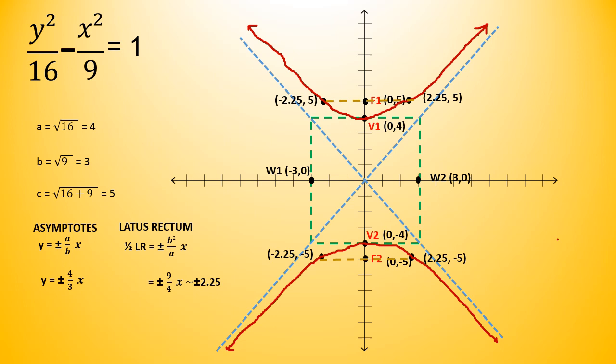So after getting the values already, you may now plot the points and sketch the graph of this equation. Now notice that your hyperbola opens upward and downward. So this really belongs to the vertical transverse axis.